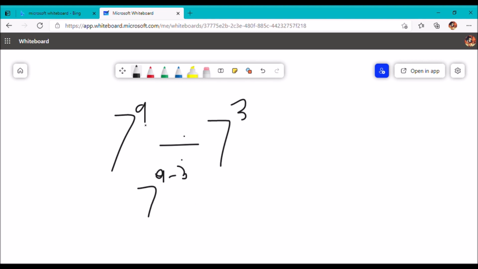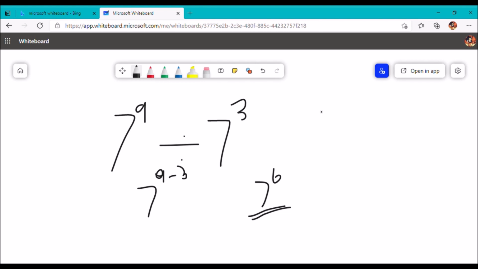So when we subtract the indices 9 and 3, it comes to 6. So 7 to the power 6 is the final answer. Remember, multiplication and division, like addition and subtraction of indices, work only when the bases are the same. When bases are different, we must find the expanded form of that and multiply or divide.